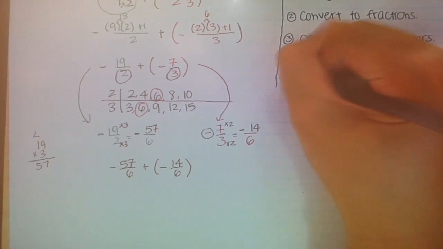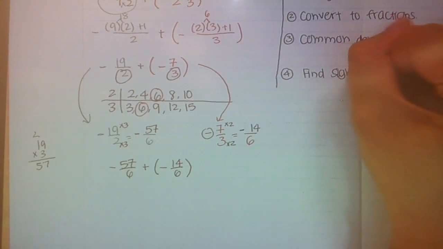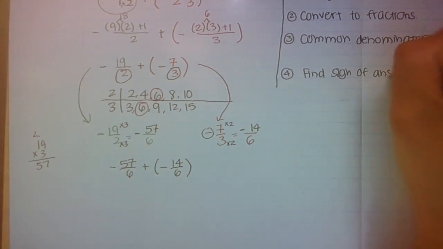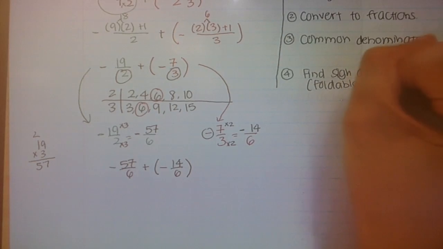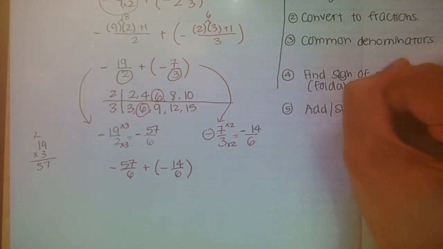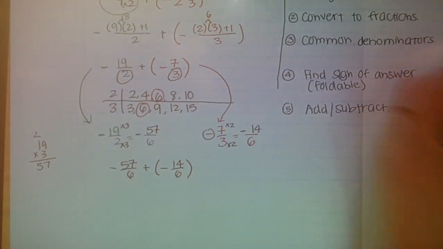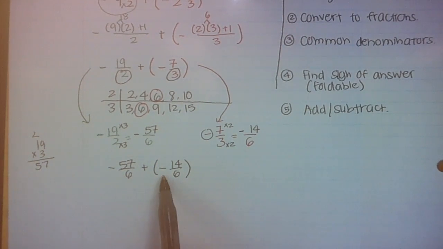So step 4, I'm going to look in my foldable to find the sign of my answer. Using the foldable. And then number 5, I need to decide if I am adding or subtracting. So I take my foldable. We are adding negative 57 over 6 plus negative 14 over 6.